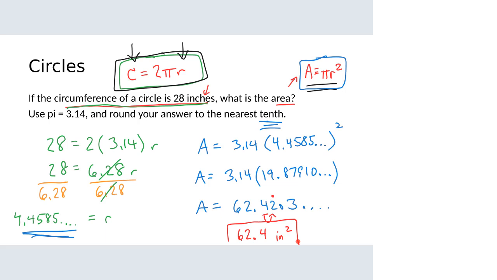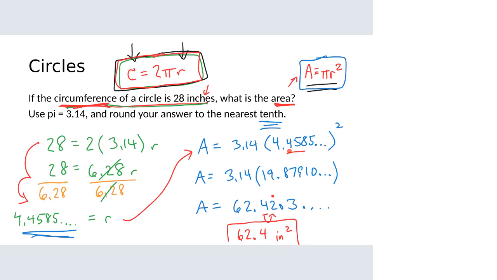I'm just going to talk back through what we did there. We were given the circumference. We wanted to find the area. We can't really go straight from circumference to area without an intermediate step of finding the radius first. And so that's what we did. We used this formula for the circumference of a circle to help us figure out what the radius would be. Then once we had the radius, we could use that in the formula for the area of a circle.